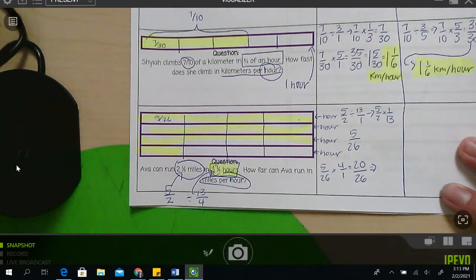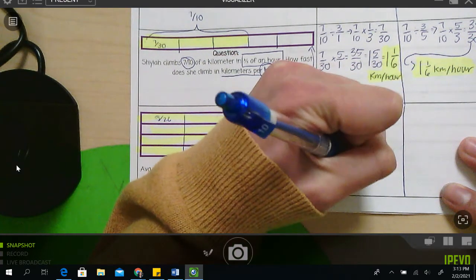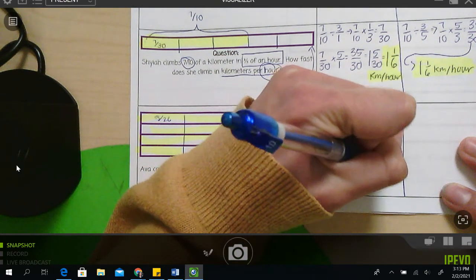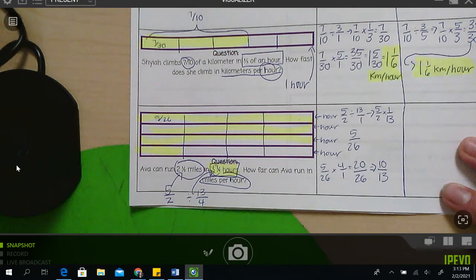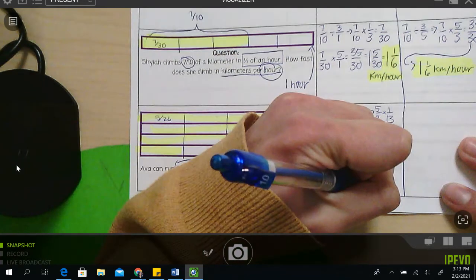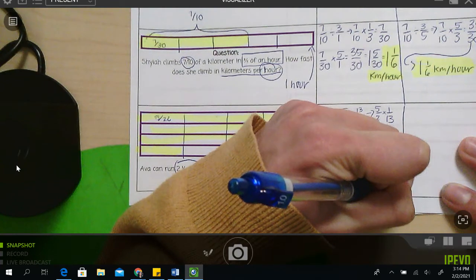If we wanted to simplify that, we could divide both the numerator and the denominator by 2, and we'd have 10 over 13. So it's 10/13 miles per hour.